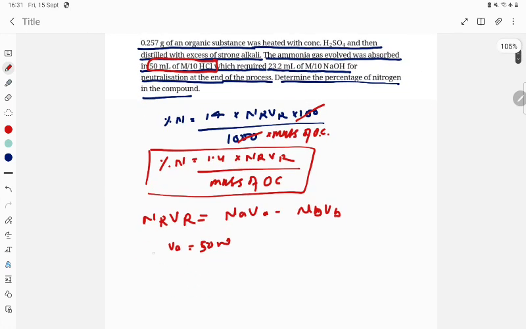Then what other things are given? Molarity MA is 1 by 10, VB is 23.2, MB is 1 by 10. This is the NaOH, this is HCl.